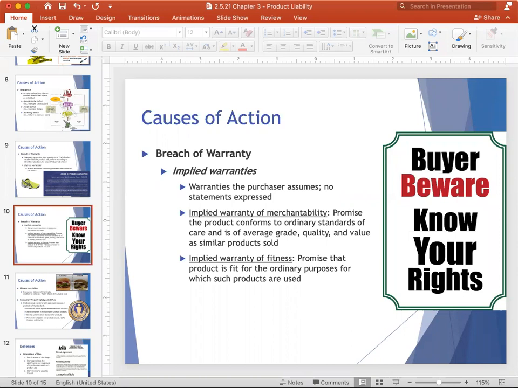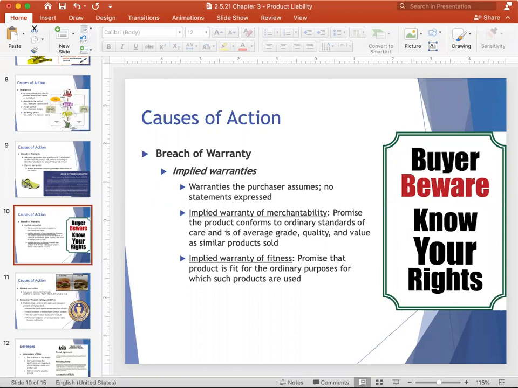Now, a product will meet this implied warranty of merchantability if it would pass inspection, if it is of fair average quality, if it is fit for its intended purposes, if it does conform to the promises that are made by the seller and the manufacturer.